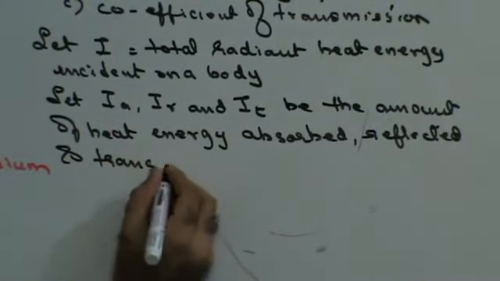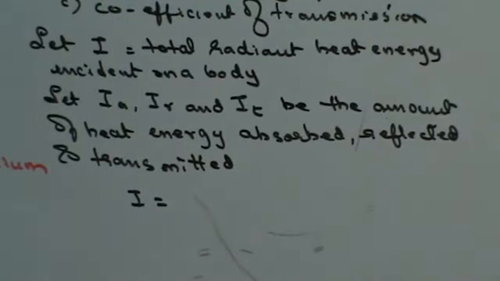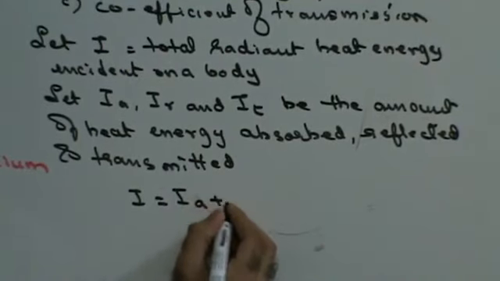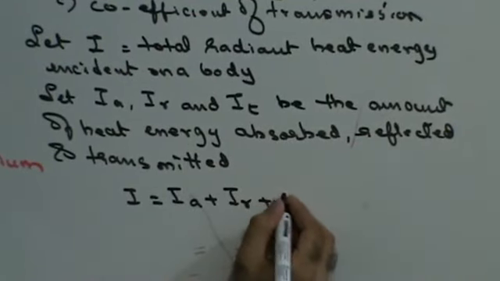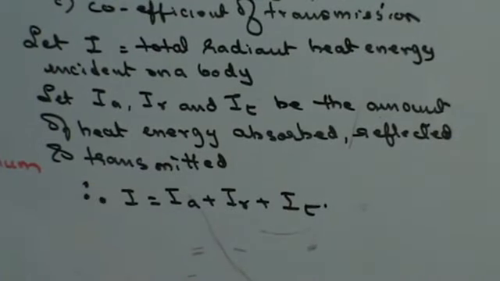Then from our explanation it is very clear that the total heat energy incident on the body undergoes three processes: a part is absorbed, a part is reflected and a part is transmitted. Therefore I can say I is equal to IA plus IR plus IT.